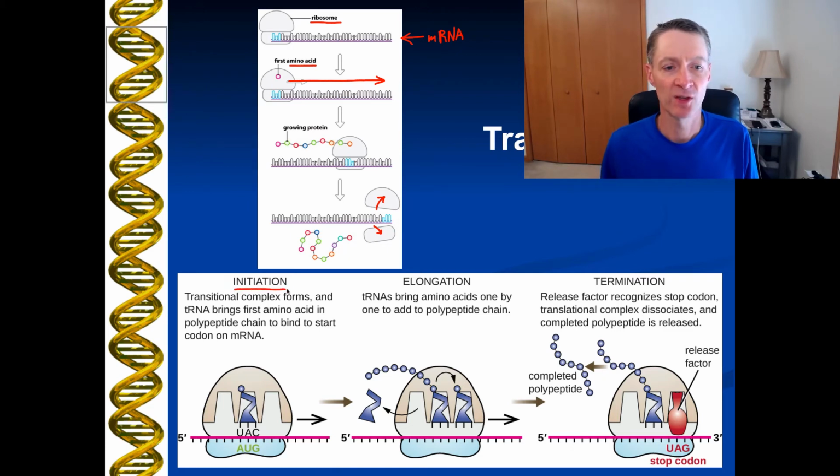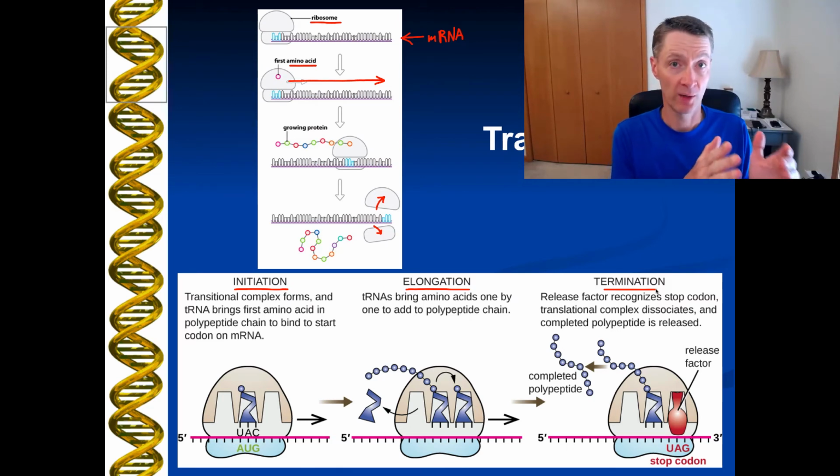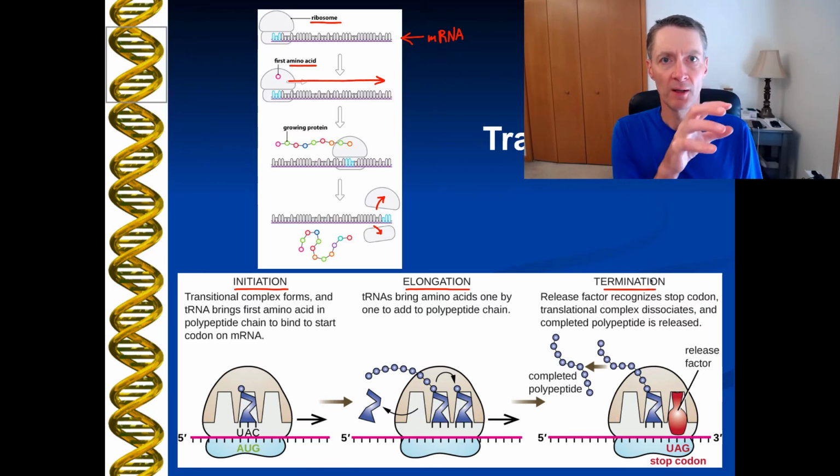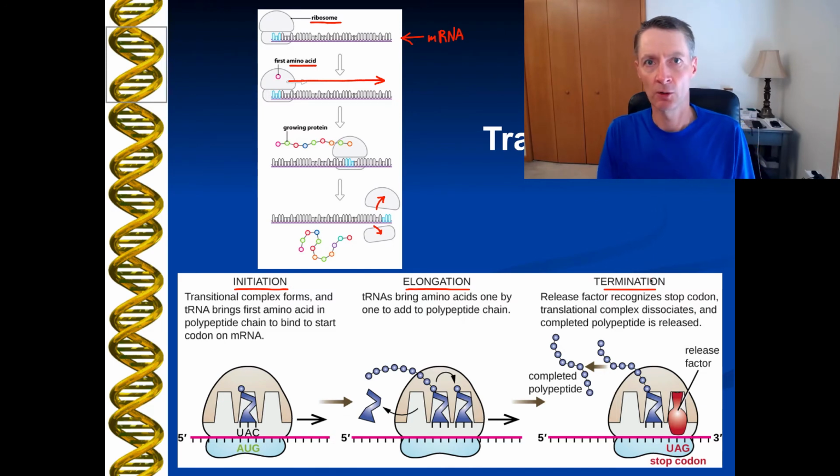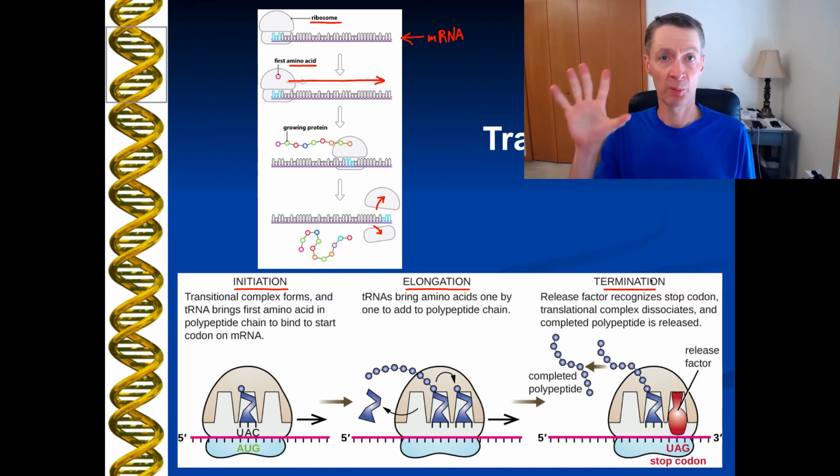Again, we see these words: initiation, elongation, and termination. So we want to make sure we understand what are these phases during DNA replication, what are those phases during transcription, and what are those phases during translation. So in this case, it's not an RNA polymerase grabbing on, elongating, and coming apart.